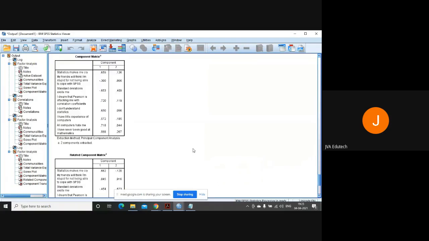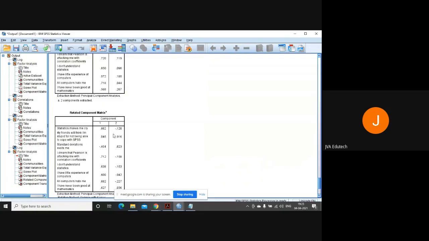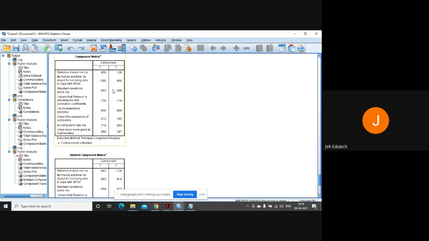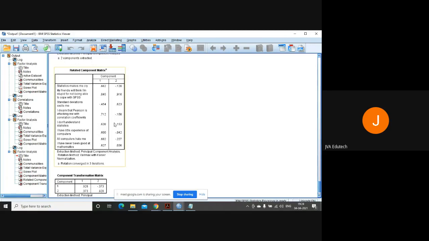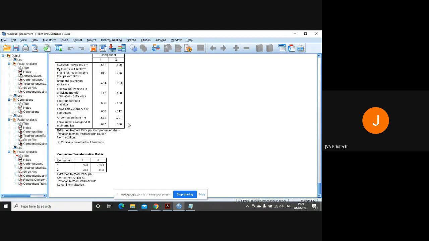So what we can do is use this table, or if you want, you can use this table also. But with the rotated component matrix, sometimes what happens is that factor extraction alone is not sufficient to tell you which factors are loading in, or which items are converging in which direction. Then we go for the second step, that is the rotated component matrix.